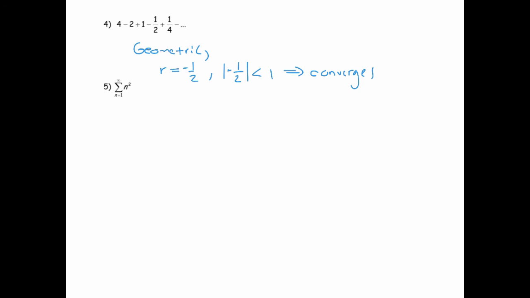So this equals our first term, which is 4, divided by 1 minus the common ratio, which is 4 over 1.5, which is 4 times 2/3, which is 8/3.